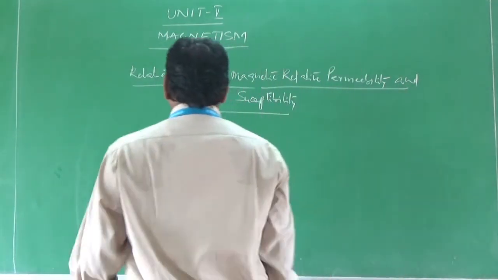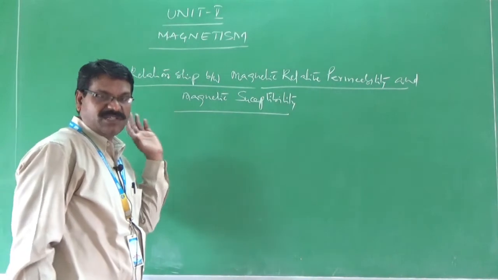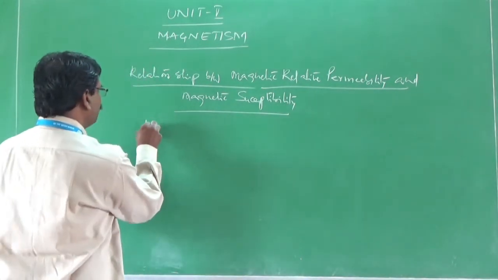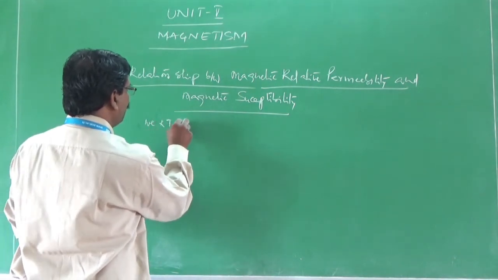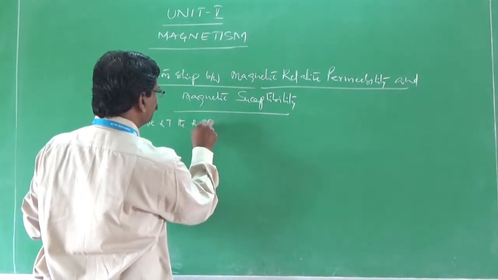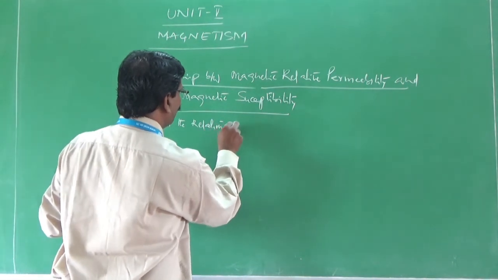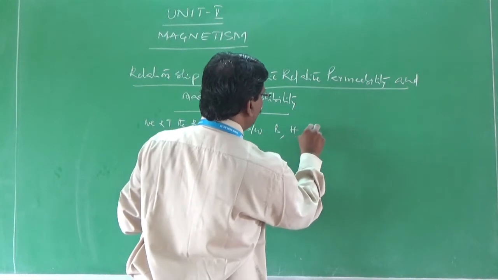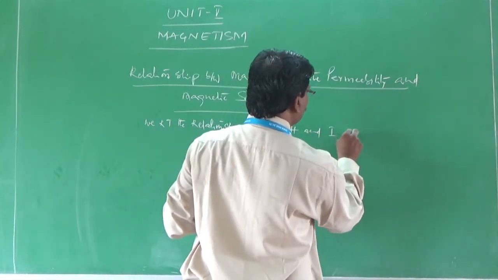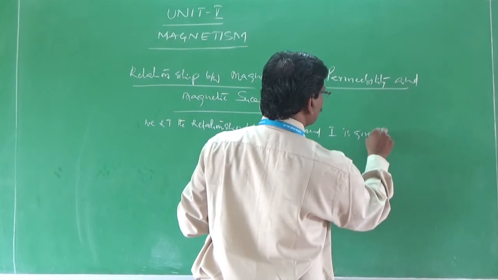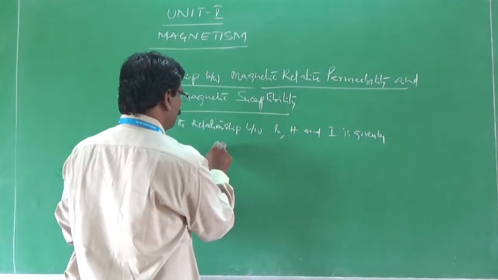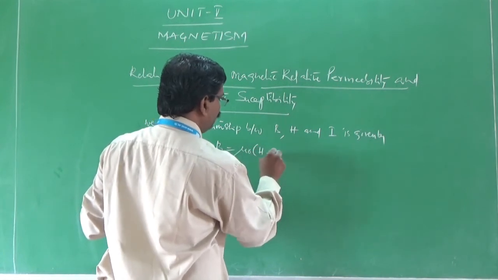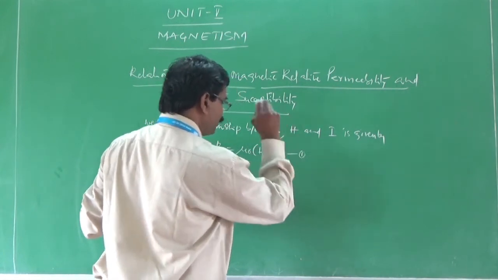We know that we have a standard relationship between B, H and I. How do we write this? We know that the relationship between B, H and I is given by B is equal to mu naught into H plus I. I can call it equation 1.